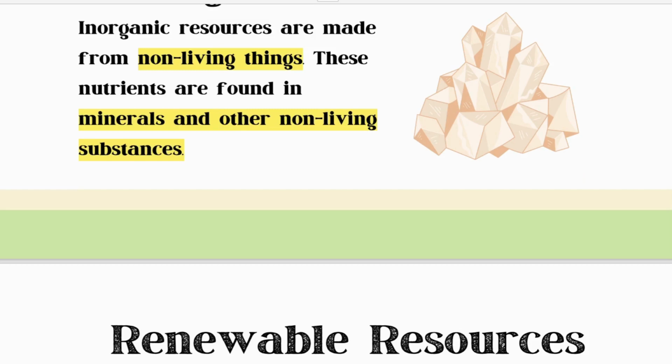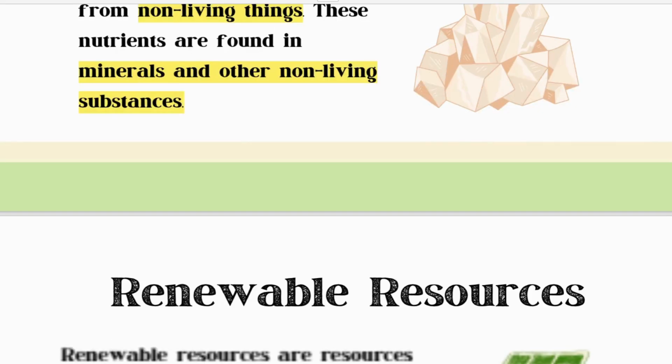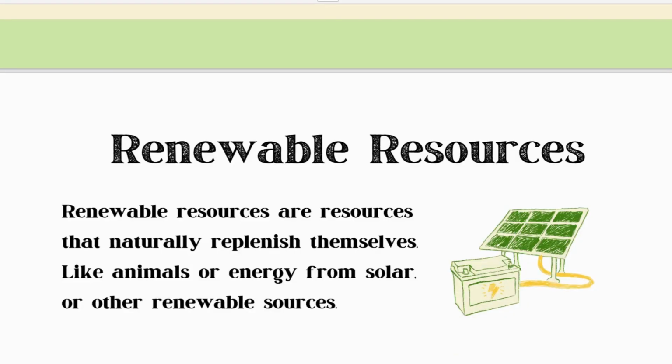Let us move on to the next slide, that is renewable resources. You might have already studied this, but we're going to discuss this in this class again. Renewable resources are resources that naturally replenish themselves, like animals or energy from solar.